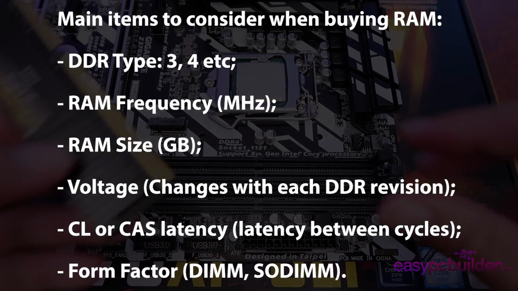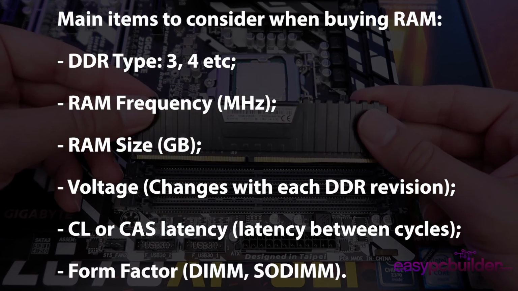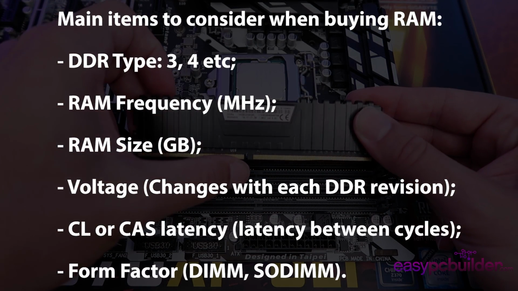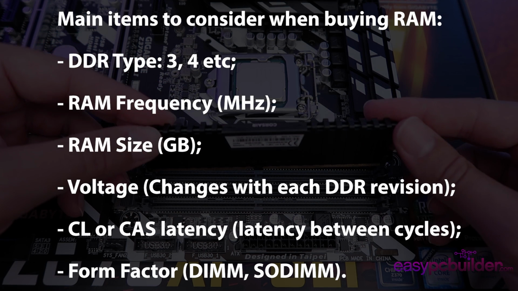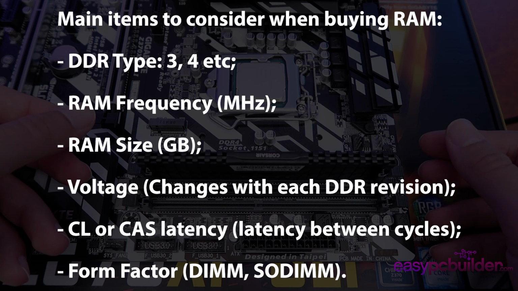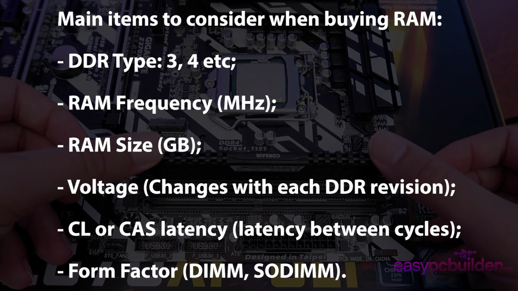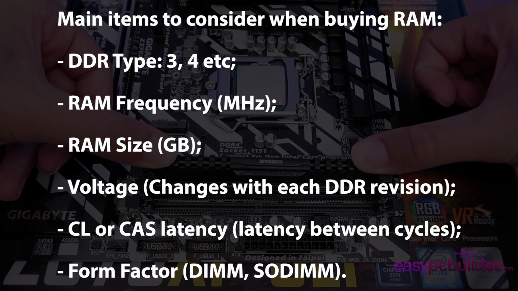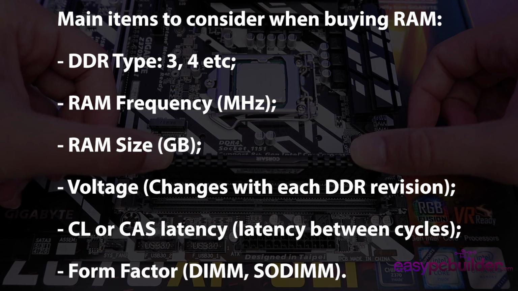So the main items to consider when buying RAM are the DDR type, the RAM frequency in megahertz, the RAM size in gigabytes, the voltage, which generally changes each DDR revision. The higher the frequency, generally the lower the voltage. So DDR4 is 1.2 volts and DDR3 is 1.5 volts.